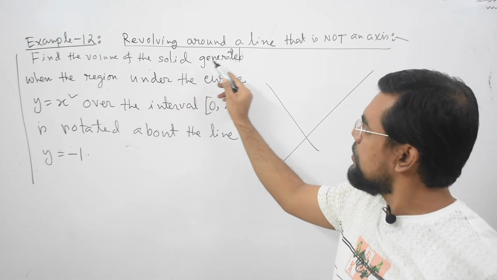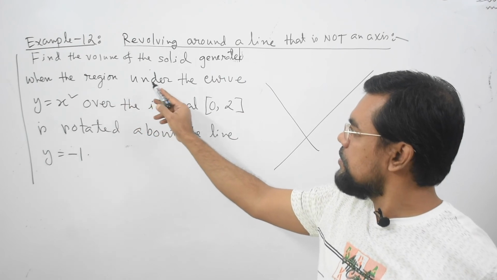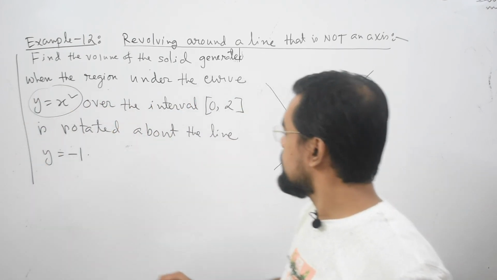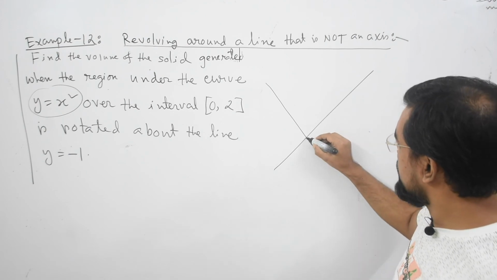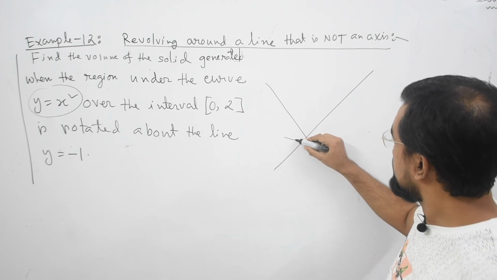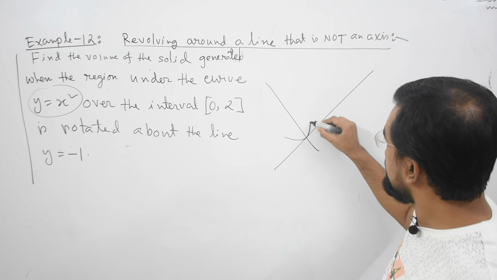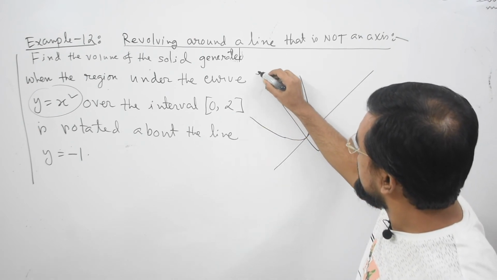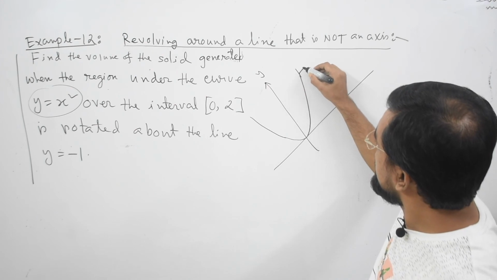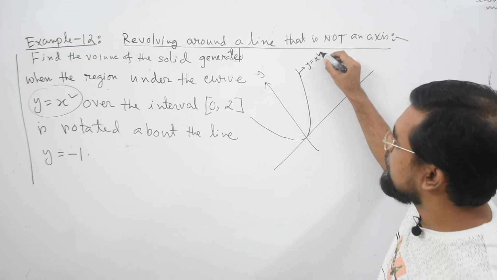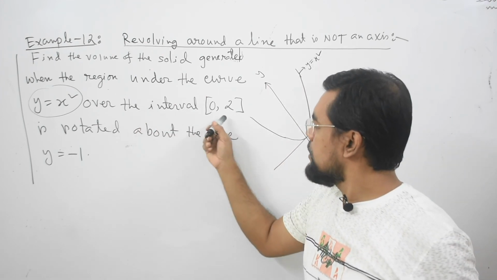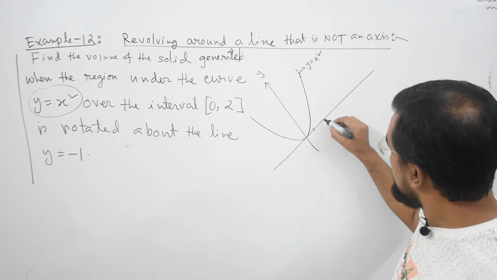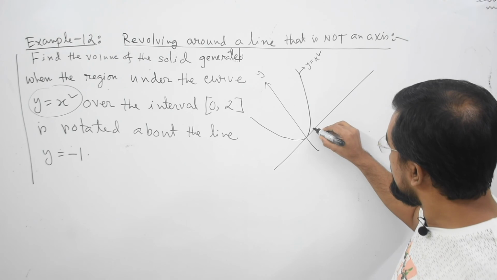Find the volume of the solid generated when the region under the curve y equal to x square is revolved. We know y equal to x square is a parabola which opens up with vertex at the origin. This is our y-axis. This is y equal to x square over the interval 0 to 2.